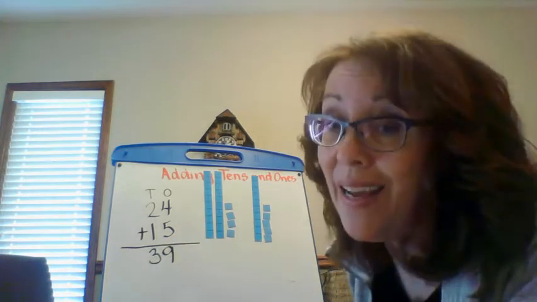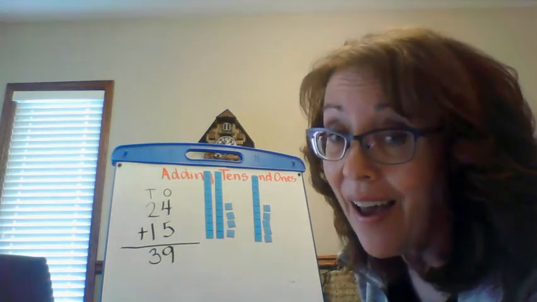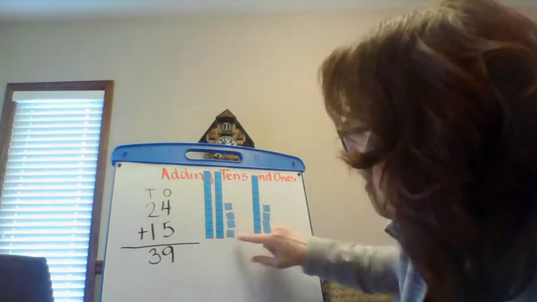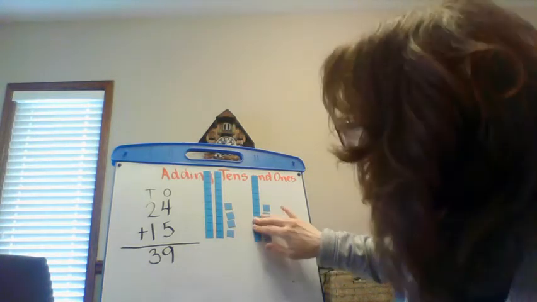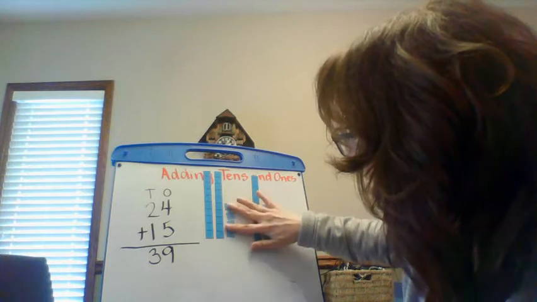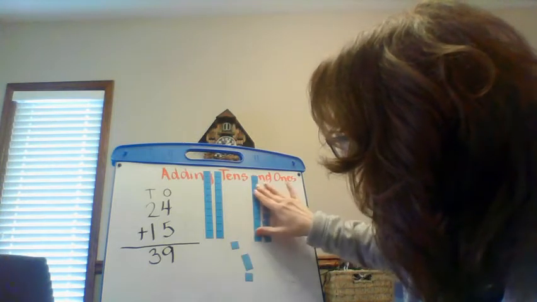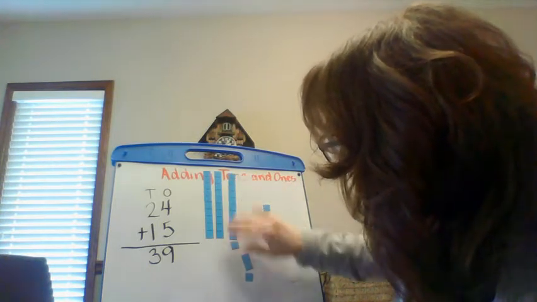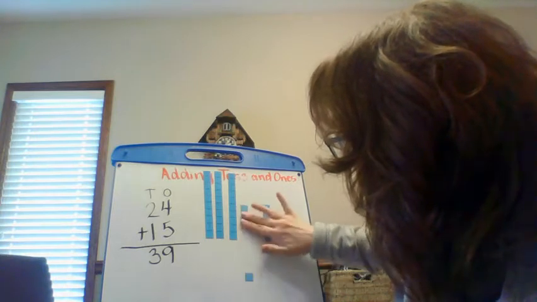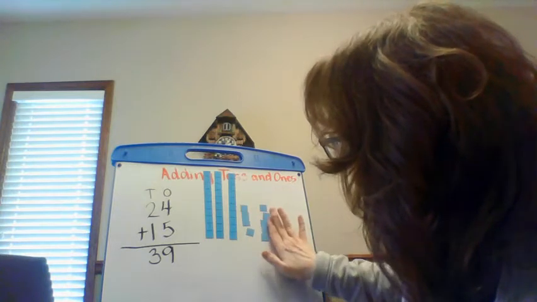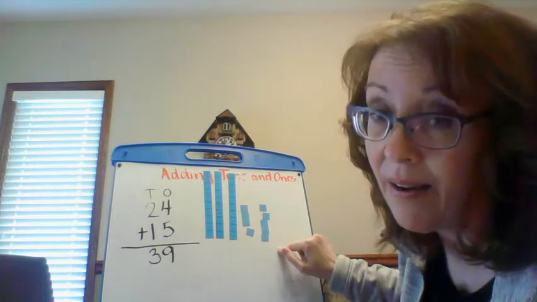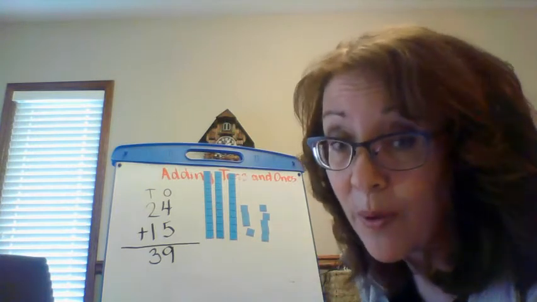So when I look at the answer, I can see that I have 39. And when I look at my base 10 blocks, I'm going to put the tens together and the ones together. And now you can see we have 39. So that's the first way we're going to do it.